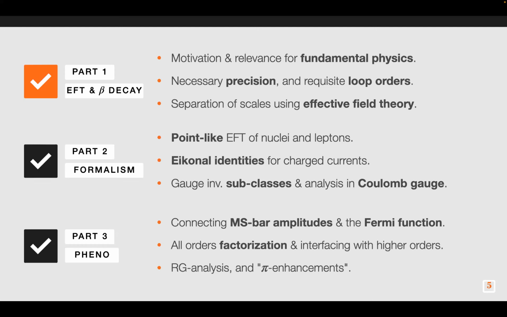So reducing kind of a factorial reduction in the number of diagrams you need to evaluate. And then I'm going to talk about some gauge invariant subclasses. And then the third part, I'll get to some pheno, where I make contact with something that's called the Fermi function. So if you're unfamiliar with that, I'll introduce what that is and how to connect that to a kind of more modern or standard MS bar quantum field theory object.